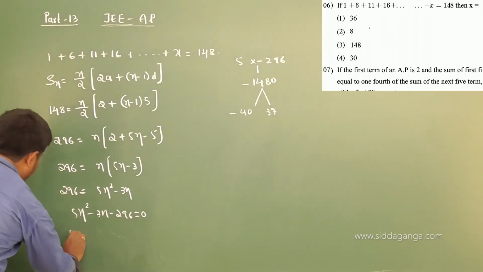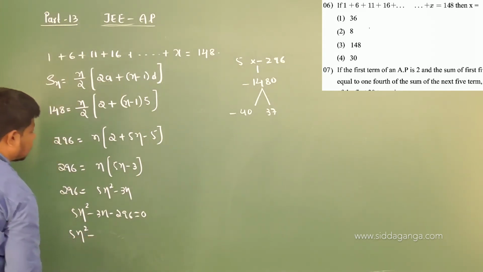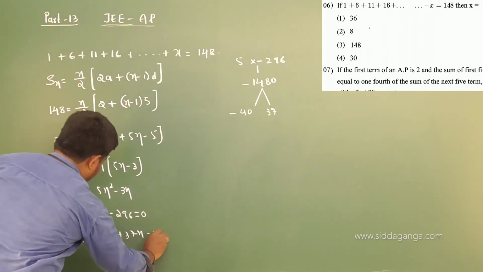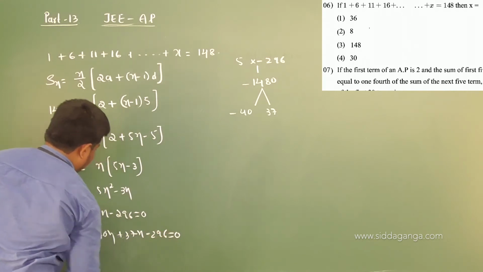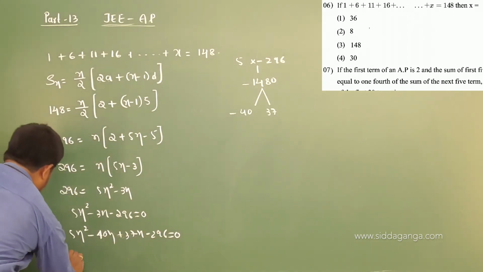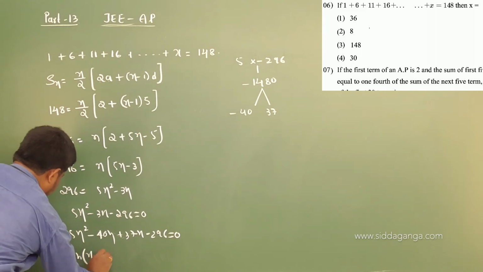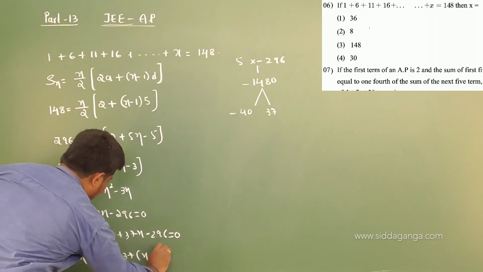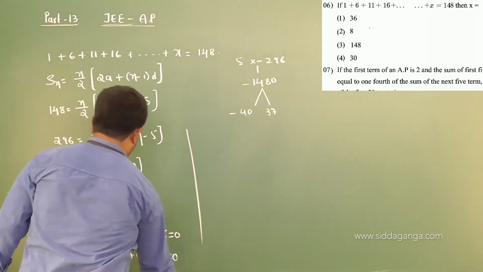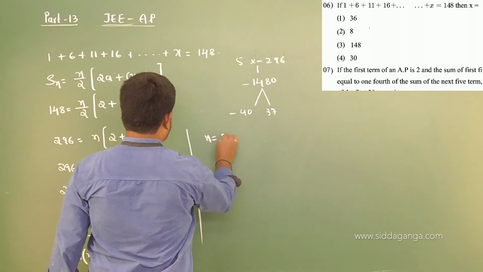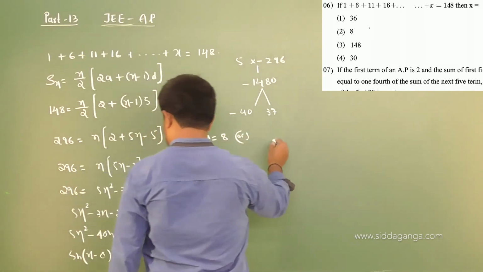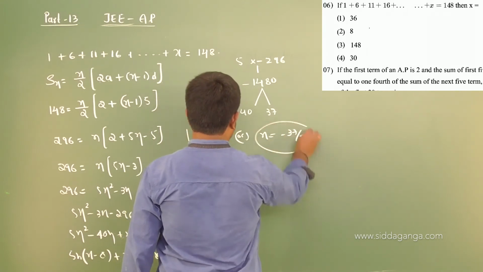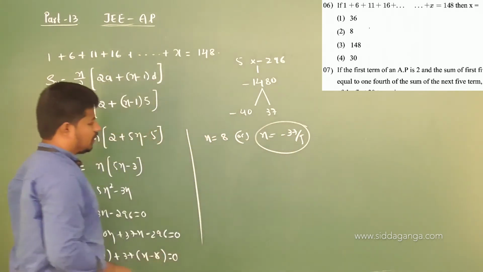So 5n square minus 40n plus 37n minus 296 is equal to 0. Taking 5n outside, 5n into (n minus 8) plus 37 into (n minus 8) is equal to 0. So n is equal to 8 or n is equal to minus 37 by 5. This is not possible because the number of terms should be a natural number. So n is equal to 8.